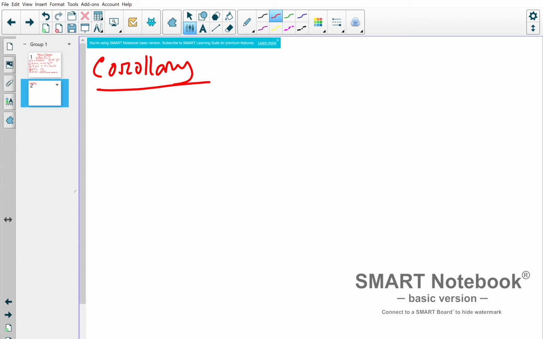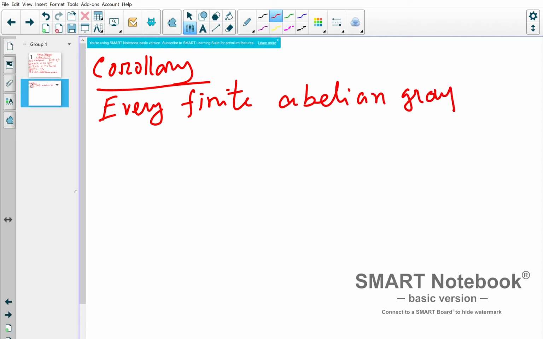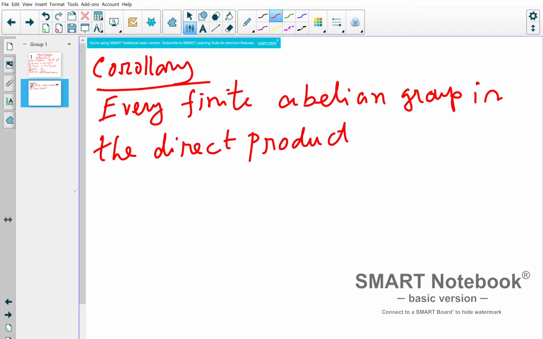Every finite abelian group is the direct product of its Sylow subgroups, right? Sylow subgroups.